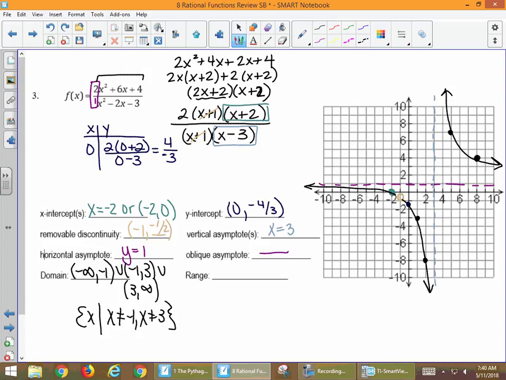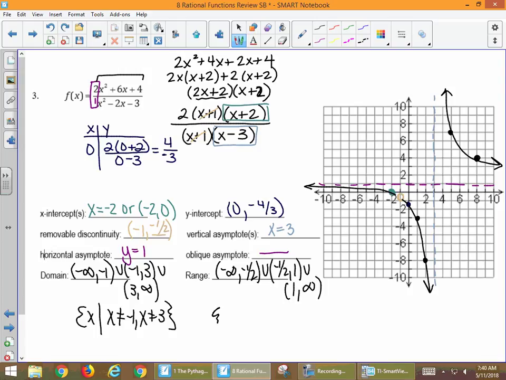For range, we're going to exclude our horizontal asymptote and our y-coordinate of our removable discontinuity. So -infinity to -1/2, -1/2 to 1, 1 to infinity.